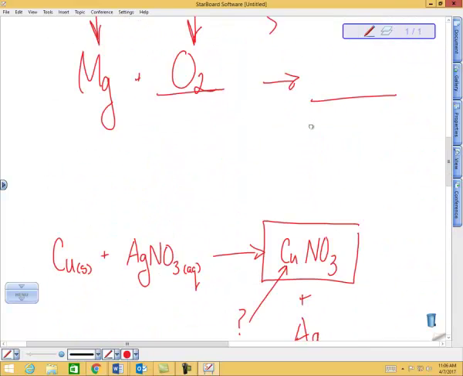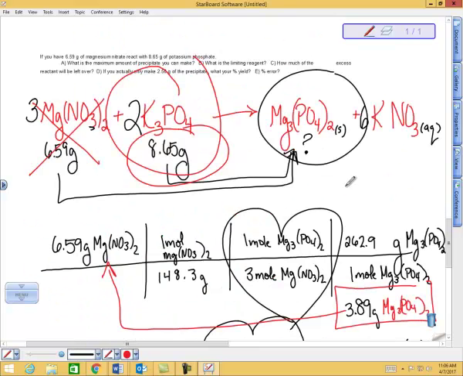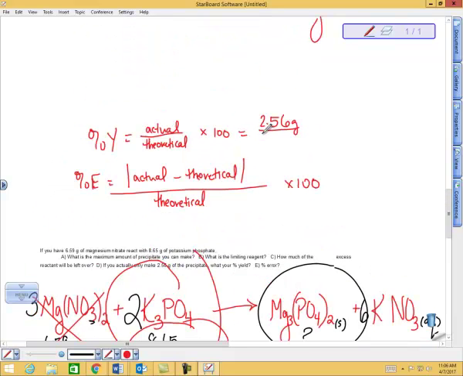So I'm going to put the 2.56 on the top for percent yield, and I could have made a maximum of 3.89 grams, so I'm going to put that on the bottom, and then times 100. 2.56 divided by 3.89 times 100. 3 sig figs, so I'm going to call this 65.8%. Got a little over half of what I was supposed to get.